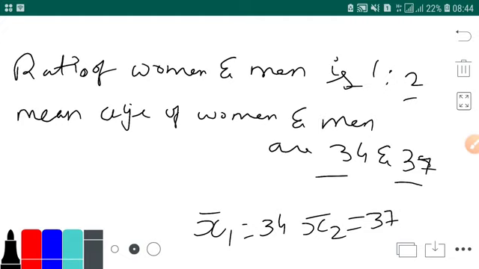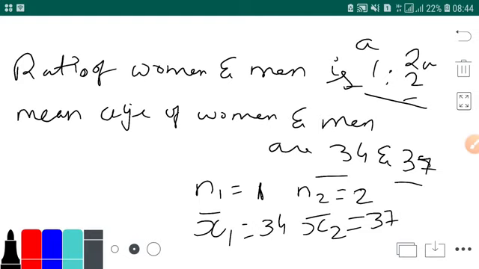What should be n1 and n2? If there is any proportion, you can take this as 1 and this as 2. We don't know n obviously, it can be any other digit, but if there is a proportion, you can take 1 and 2. You can take 2 and 4, 5 and 10, 10 and 20, or A and 2A.